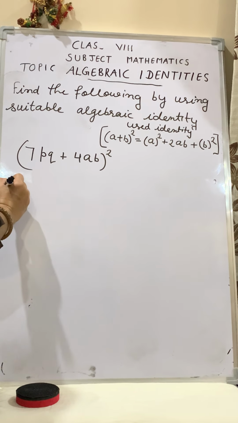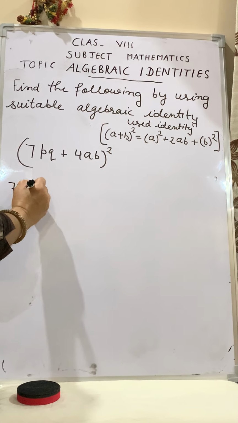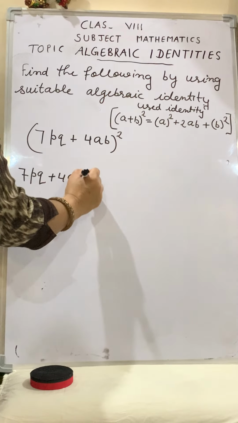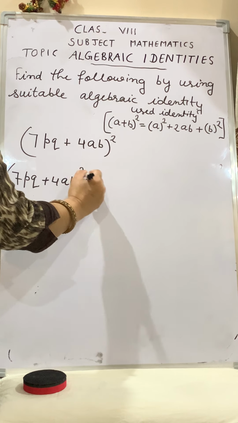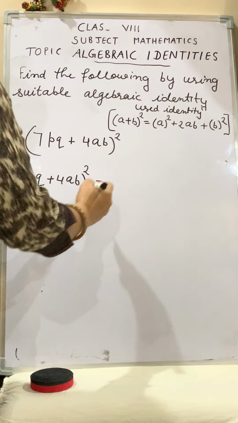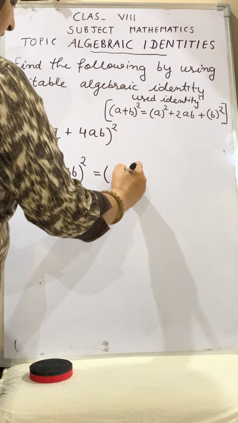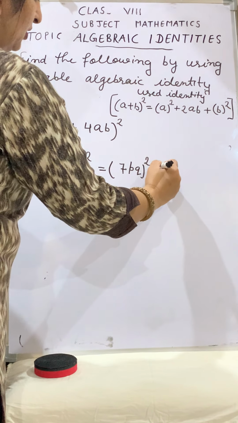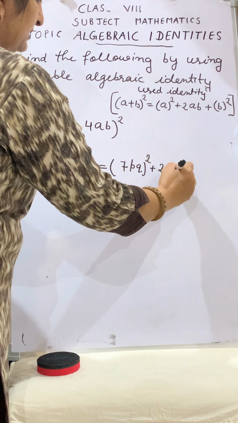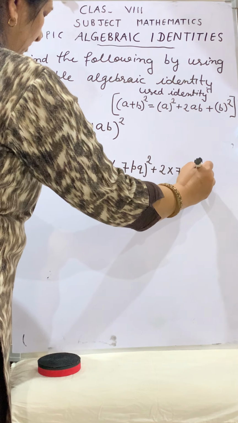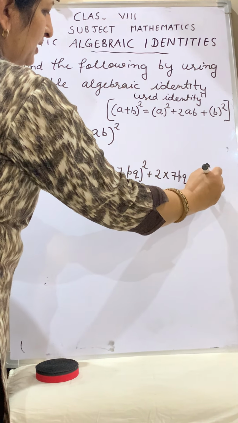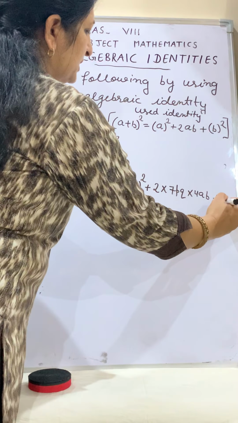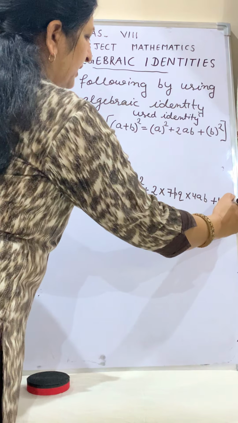So we will apply the same identity. First of all we write the left hand side is equal to whole square of first, (7pq) whole square, plus twice of first, 7pq multiplied by 4ab, and plus whole square of second. Second is 4ab.